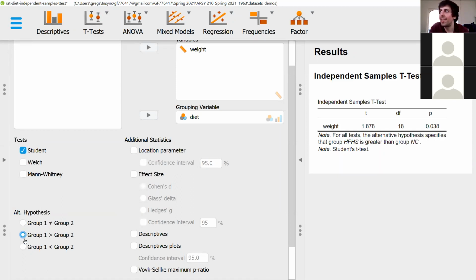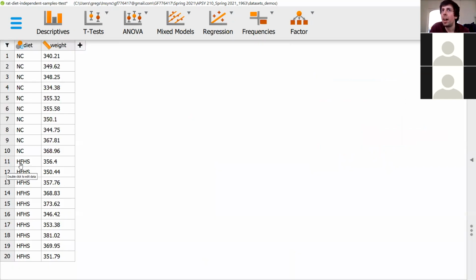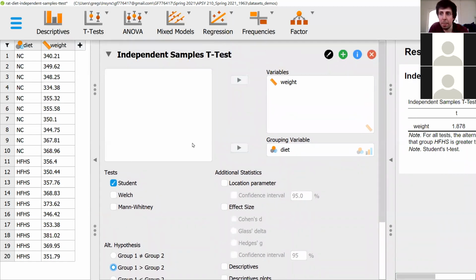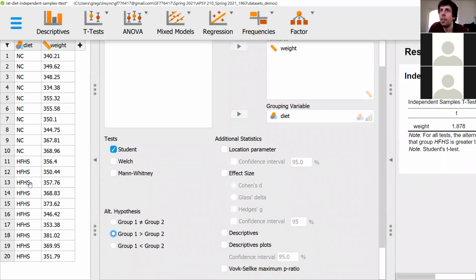But if we click this, let me just double check what I think JASP did. All right, I think what JASP did was, because I didn't give it any instructions about whether the normal chow group should be group 1 or the high-fat, high-sugar diet should be group 1, it decided, well, I'm just going to do it by alphabetical order.